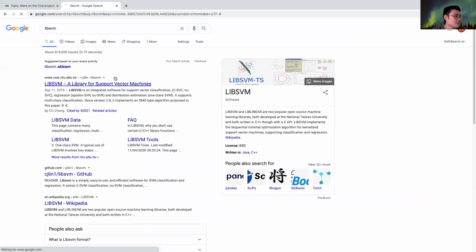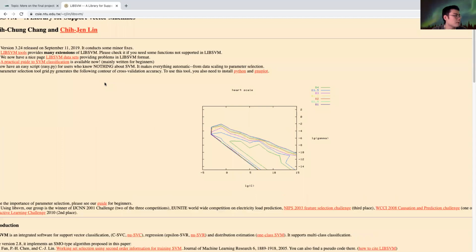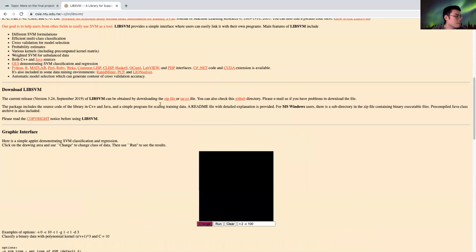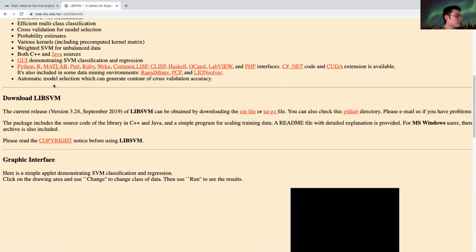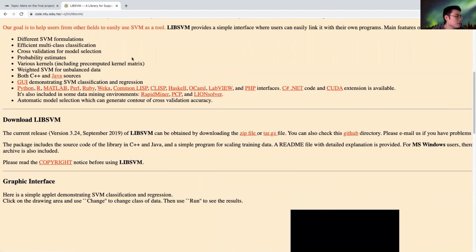Python wraps it, and Matlab is also wrapping it. So it's originally in C++, and they have Python wrappers on that. I think they support a lot of languages, but the original code should be in C.